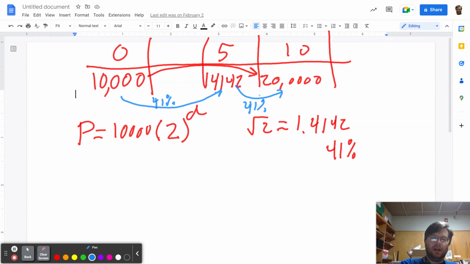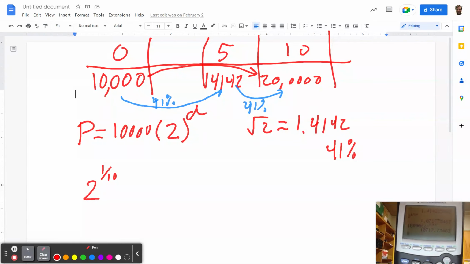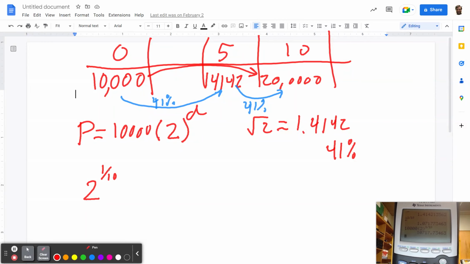Okay? Another thing I could think about is what if I wanted to know the 1-year growth factor? If I wanted to do the 1-year growth factor, I could do 2 raised to the 1/10th power, or I could do 10,000 times 2 raised to the 1/10th. I want you to look at those two numbers. 1.07.